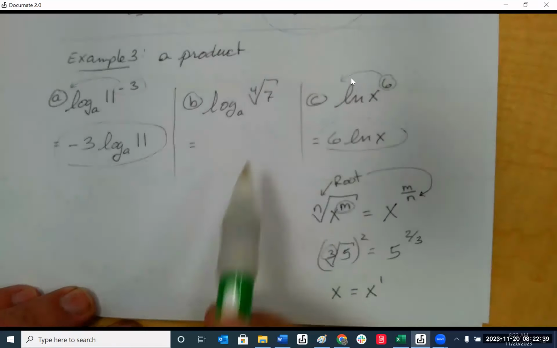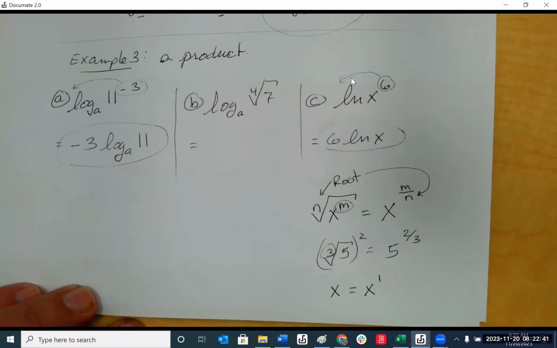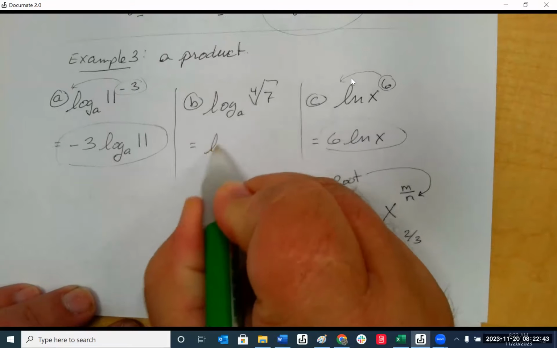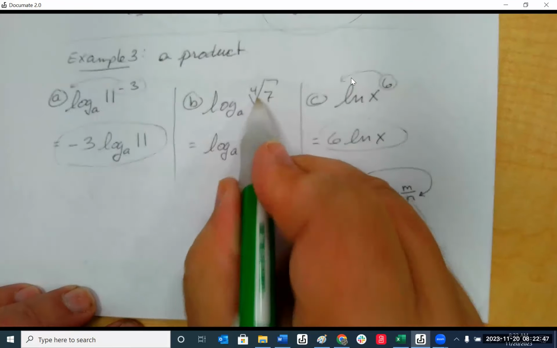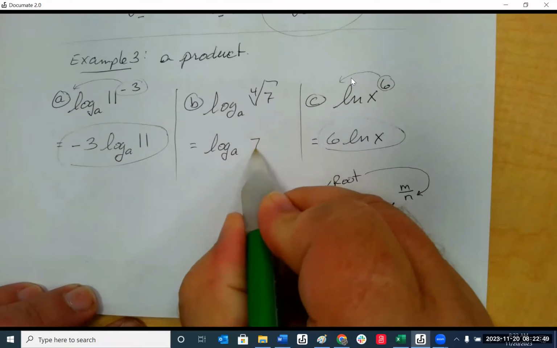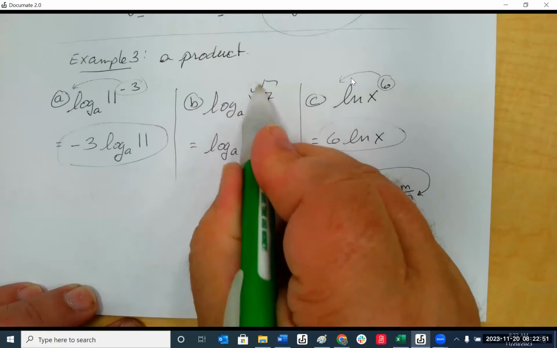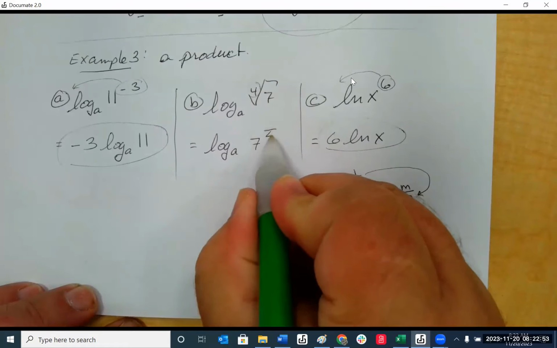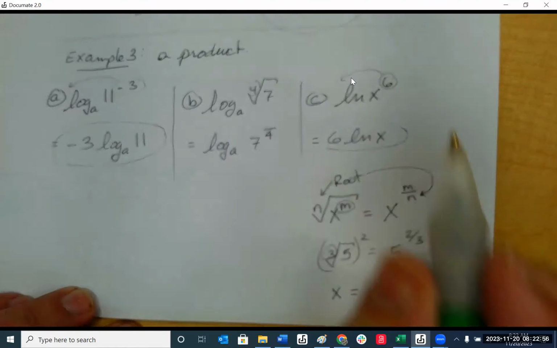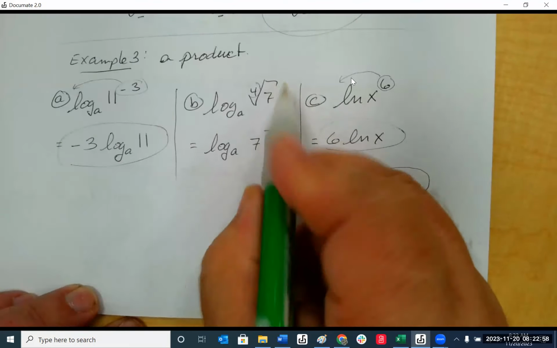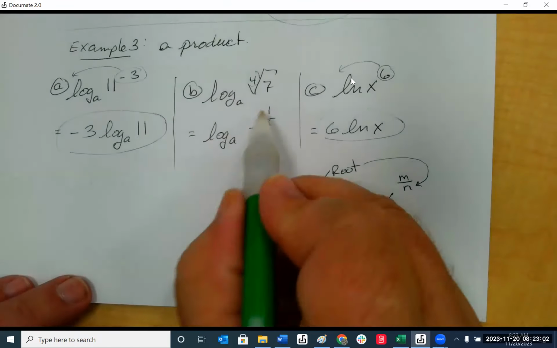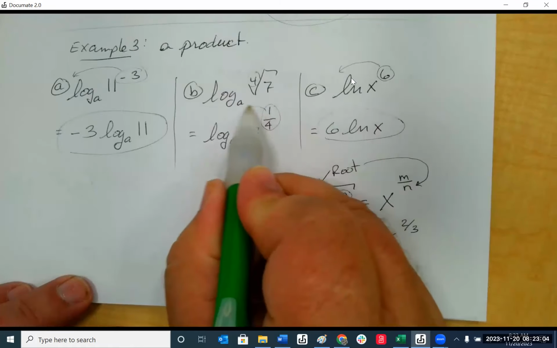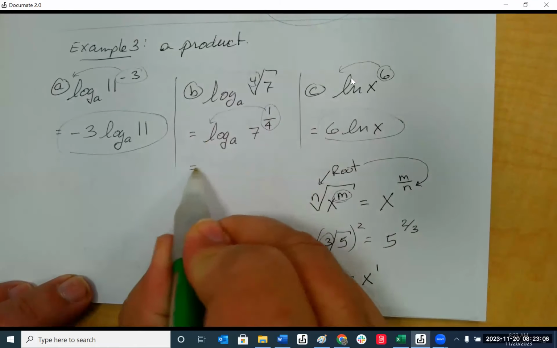So the first thing we have to do with this example on B is we have to convert it and take it out of the radical. So it's a 7. This is the root. It's a 4, so it has to go on the bottom. And there's nothing on top of the 7, so it's a 1. So the exponent goes in front.